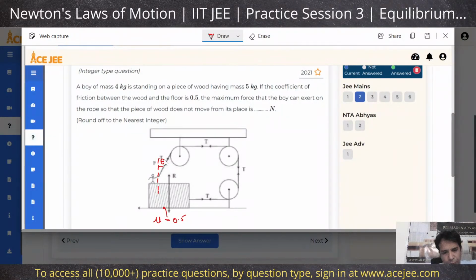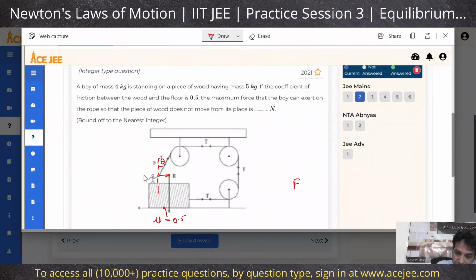So let's see, the boy is not moving, right? So we assume that the frictional force is whatever the component in this direction. So this is your force F or tension T. What are they asking? The force F that the boy can exert, right? So the force F: F cos theta is in the vertical direction and F sine theta is in the horizontal direction.